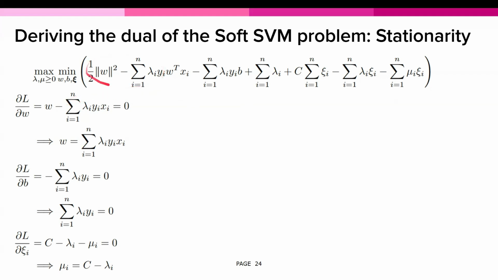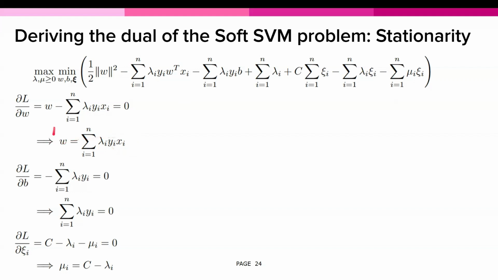So we can see that only the first two terms matter here. So this is going to leave us with w minus the sum over lambda I yi xi. And then setting this derivative to 0 shows that w can be represented entirely in terms of the dual variables lambda sub I, the class labels yi, and the training data, the feature vectors x sub I.